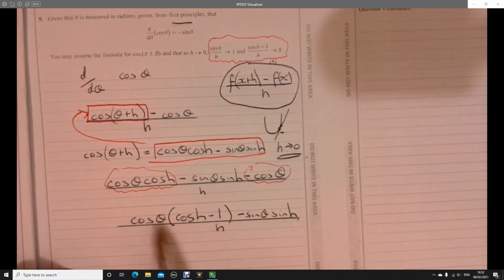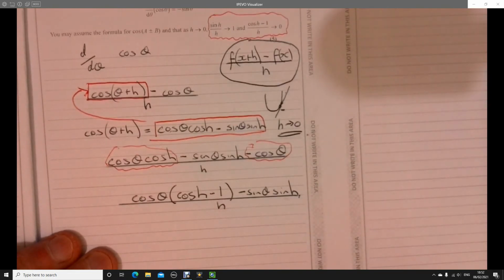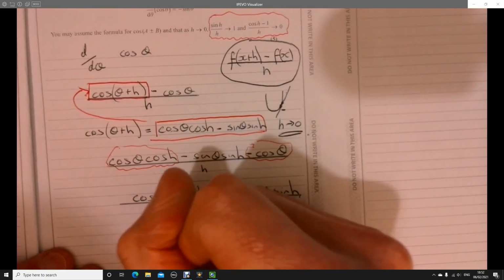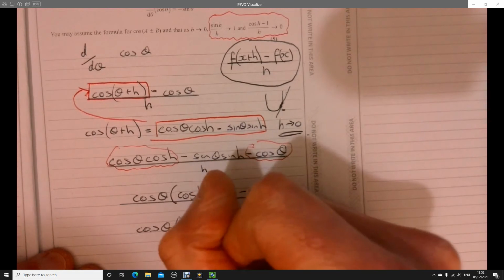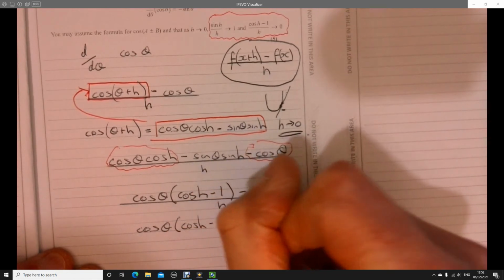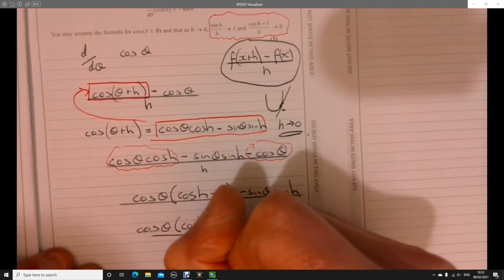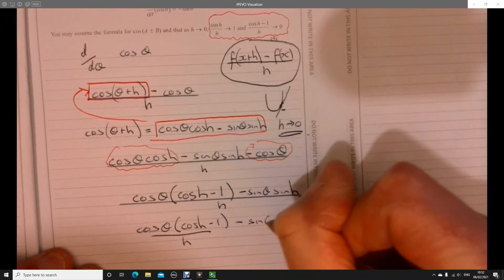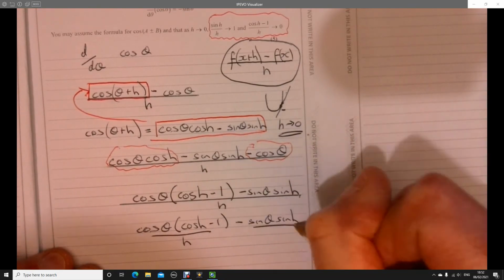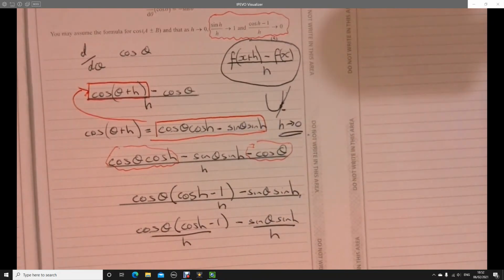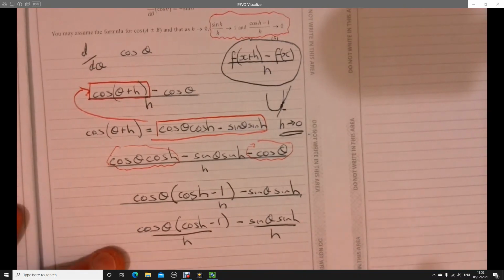So let's break this up. Effectively, we could write this as 2 fractions, and it's going to make our life so much easier. So cos theta, and then that bit, and then sine theta, and that bit. Right, what did it tell me above?